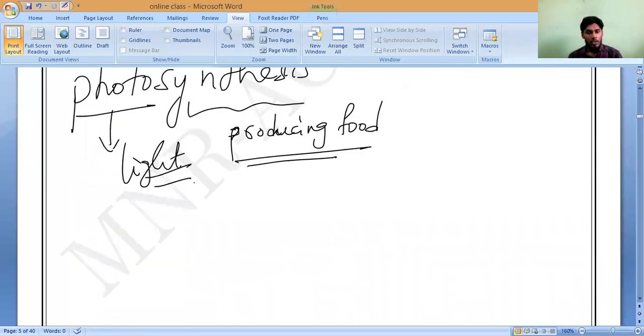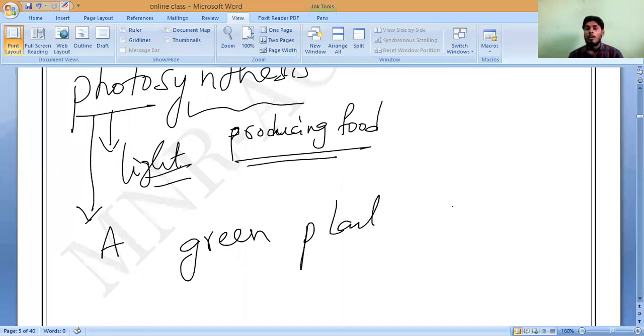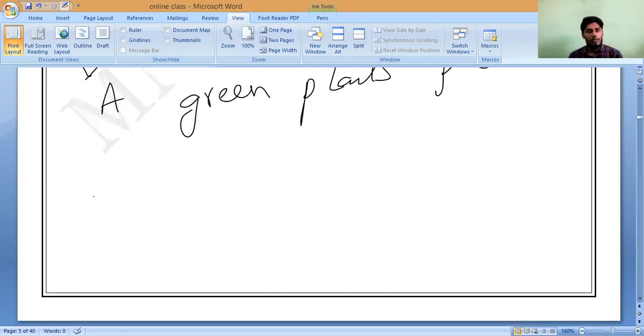Photosynthesis. Do you understand? Now, what does photosynthesis mean? Remember, green plants produce food by using simple substances. What are the simple substances?